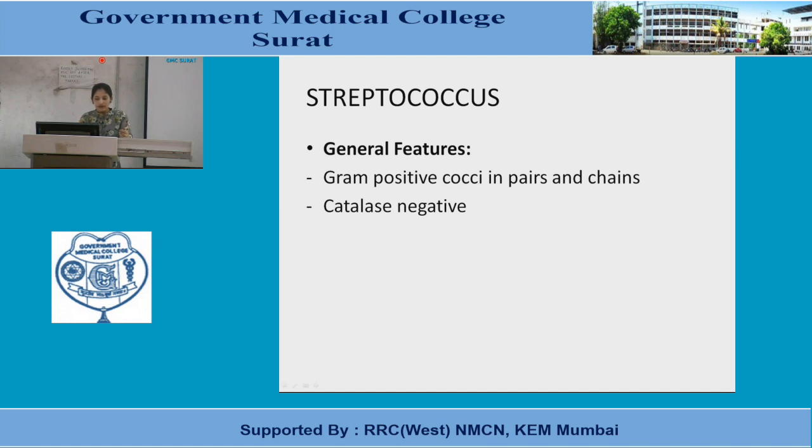One test which differentiates Streptococcus from the Staphylococci family is the catalase test. In the case of Staphylococci, the catalase test is positive, and in the case of Streptococcus, the catalase test is negative.